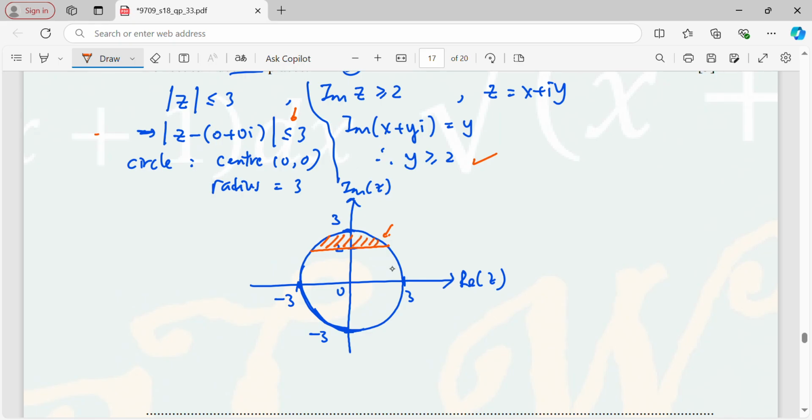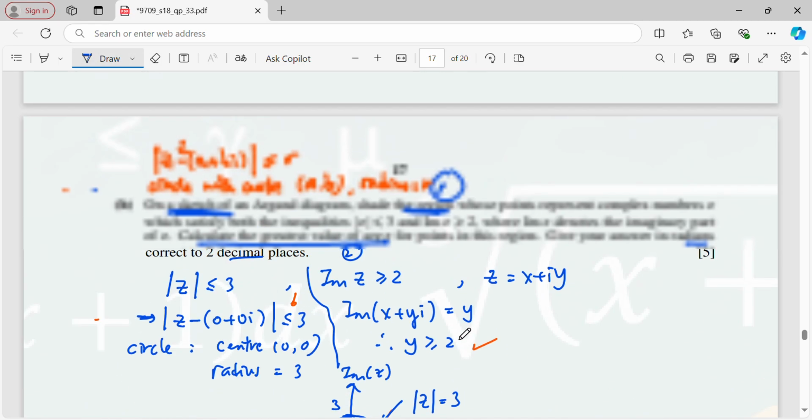So this is the region. Okay, so then I need to label this circle, this is going to be modulus z equals to 3. Then this line is imaginary z equals to 2. Okay, now done for the first part.